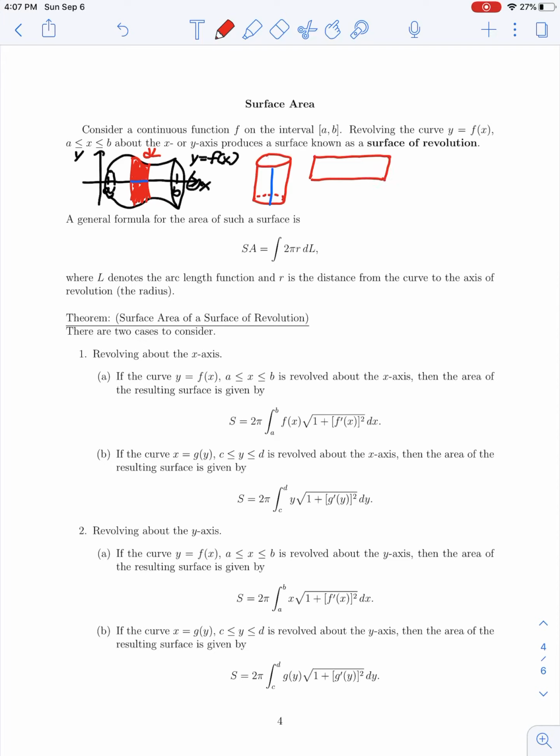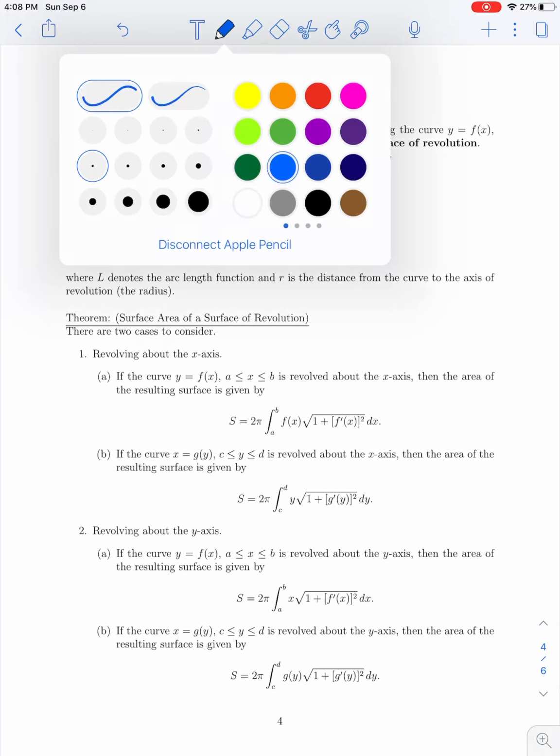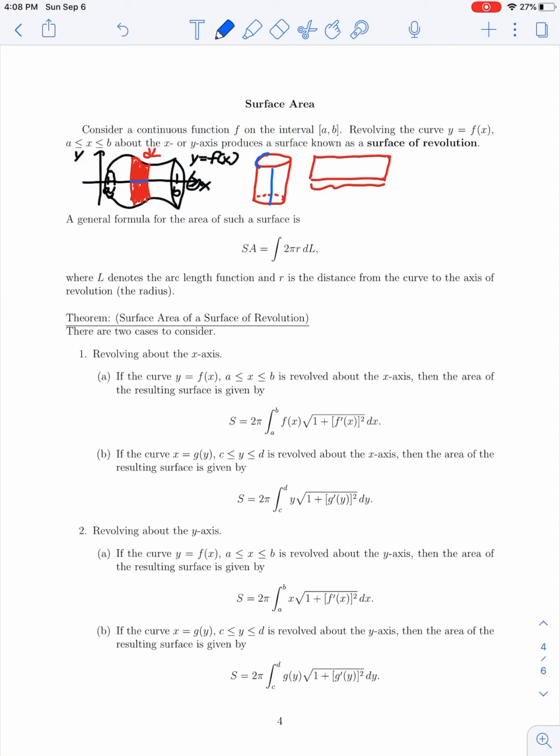And I know how to find the area of this little strip. I would take the length along one of its sides, which would be the total length that I wrap around this cylinder, so the circumference of that circle, which would be given by 2 pi times the radius of this cylinder.